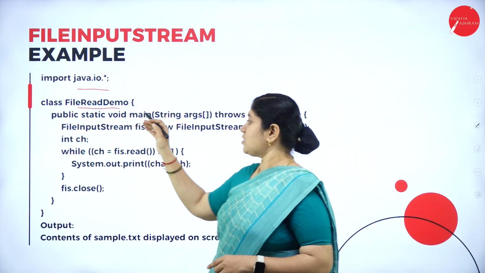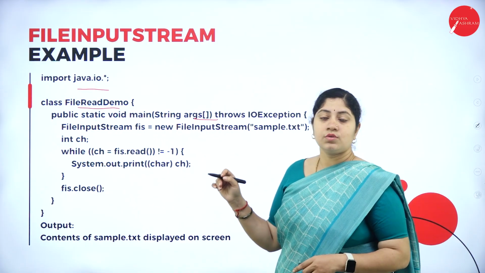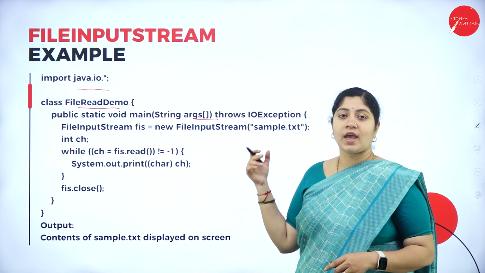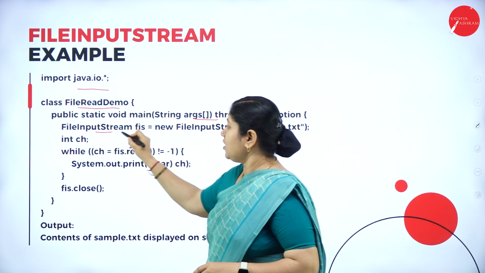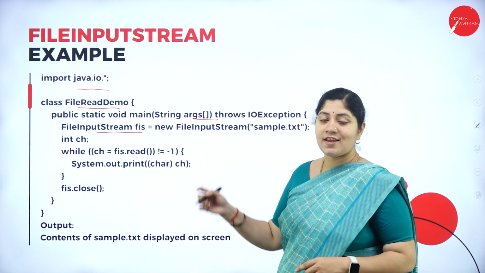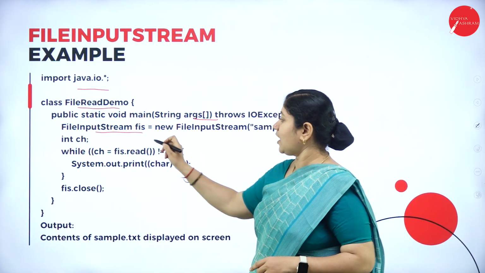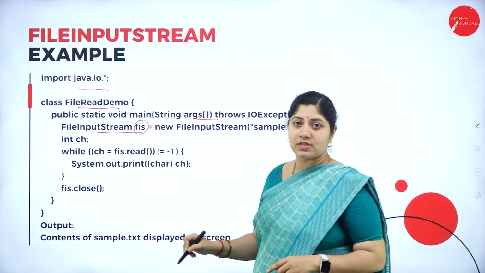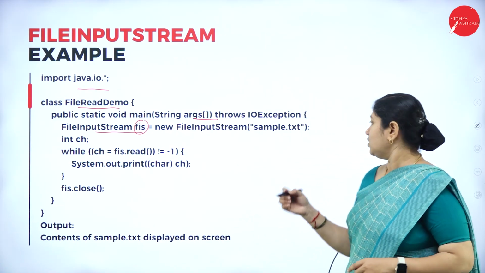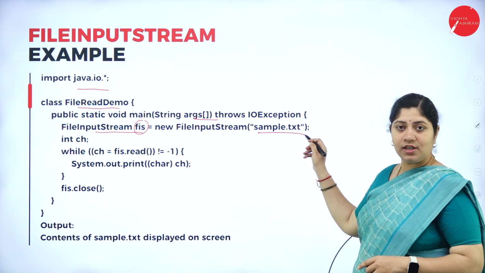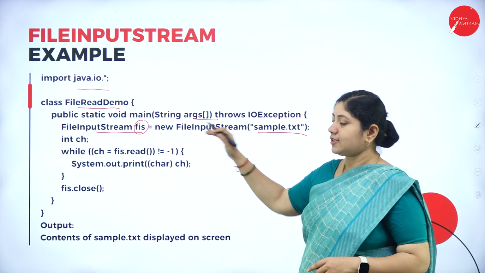Then we write the main method. Through this main method we are throwing an exception, followed by FileInputStream, then the file name. The file name we have considered initially is fis, and we are opening the file named sample.txt through this constructor.